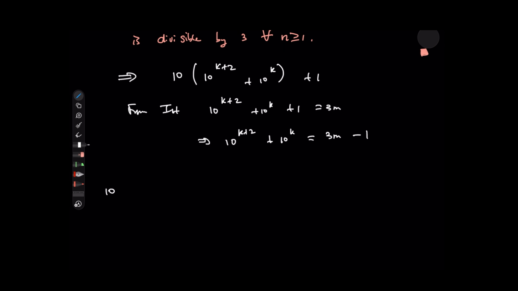So I would get 10 by 10 to the power of k plus 2 plus 10 to the power of k plus 1 equal to 10 into 3m minus 1, plus 1.